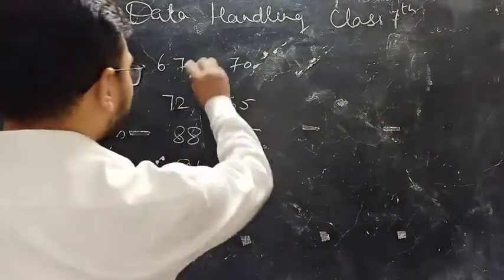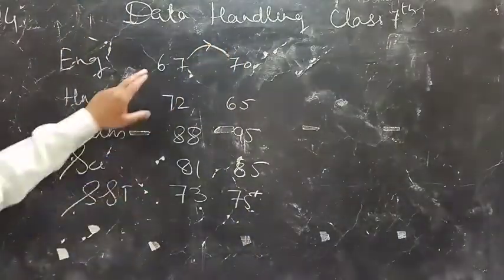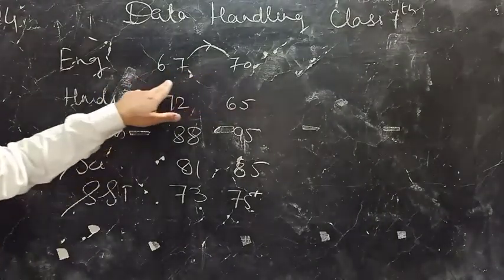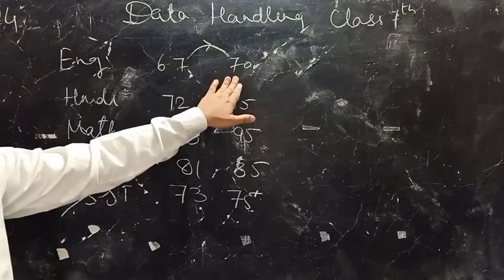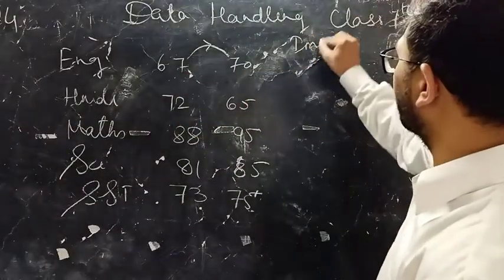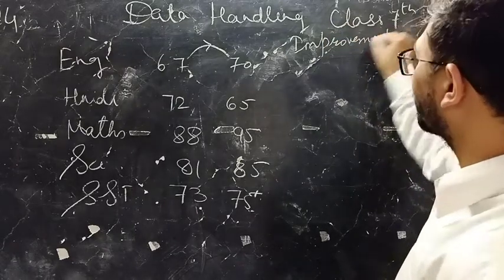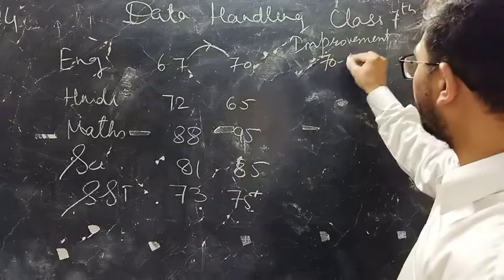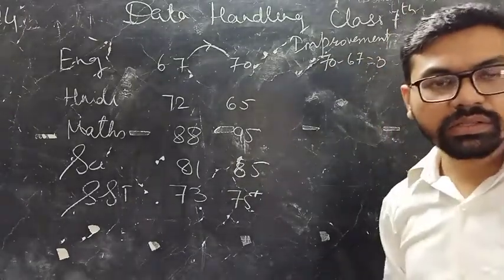Now from here you can conclude this. There is an improvement of 3 marks in English: earlier he got 67, now he got 70, so improvement equals 70 minus 67, which is 3. I think this is clear to you all.